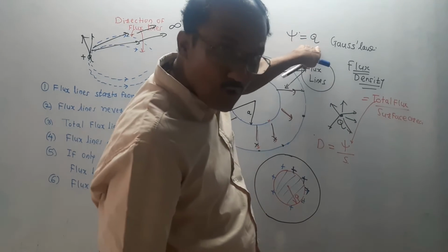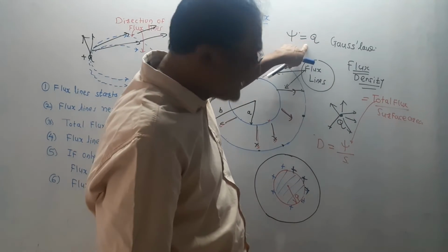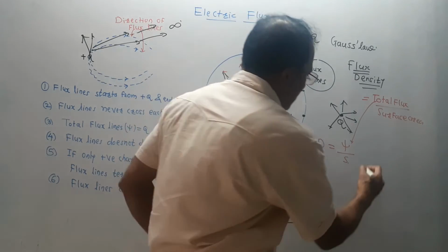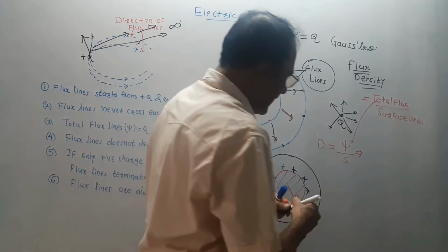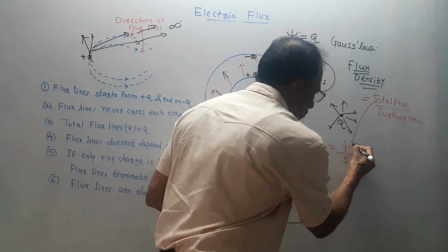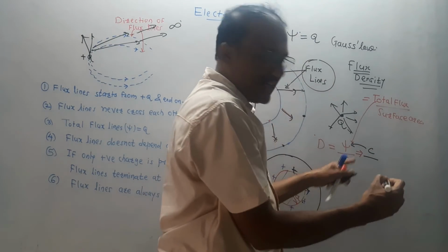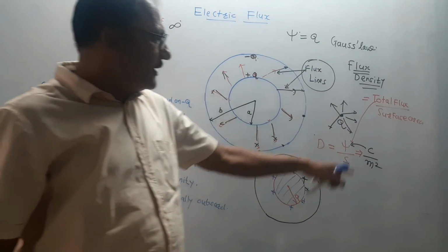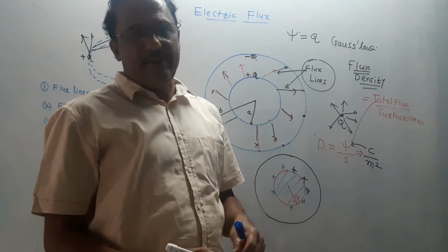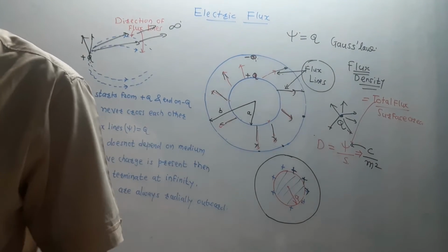Psi is equal to Q, that's what we discussed. Q is the charge which is measured in coulombs. So coulomb, that is the unit of psi, upon surface area. Surface area is measured in meter square. So it is coulomb per meter square.